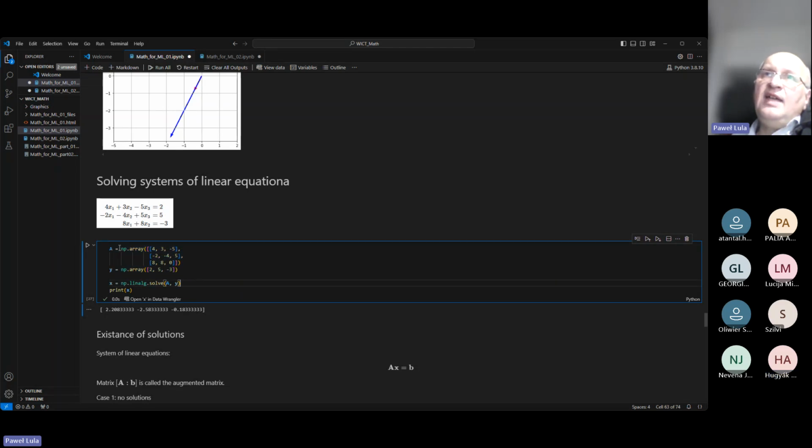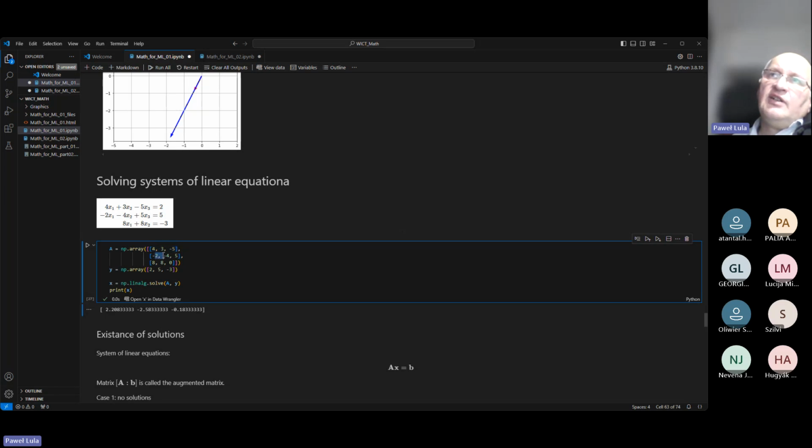So here, A is a matrix of coefficients which we have on the left side of every equation. In the first equation, we have coefficients 4, 3, minus 5. And you see these values here, 4, 3, minus 5. In the second equation, -2, -4, 5.